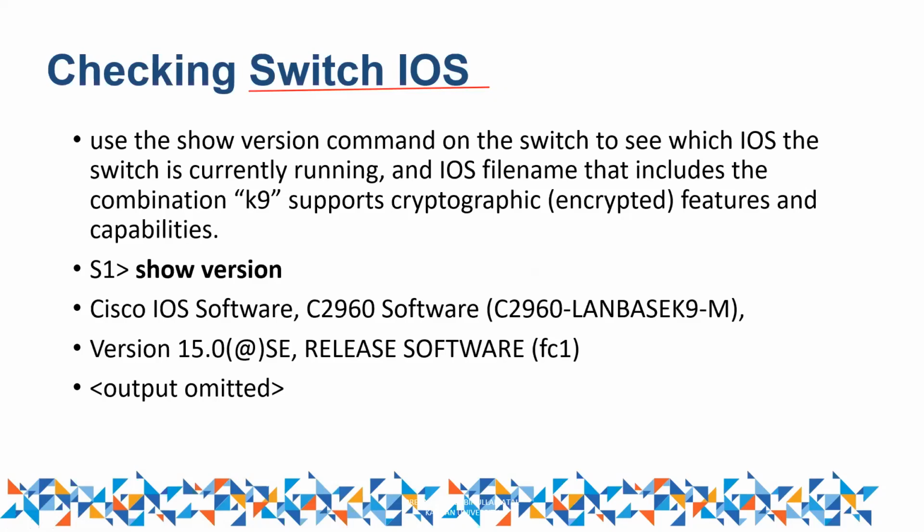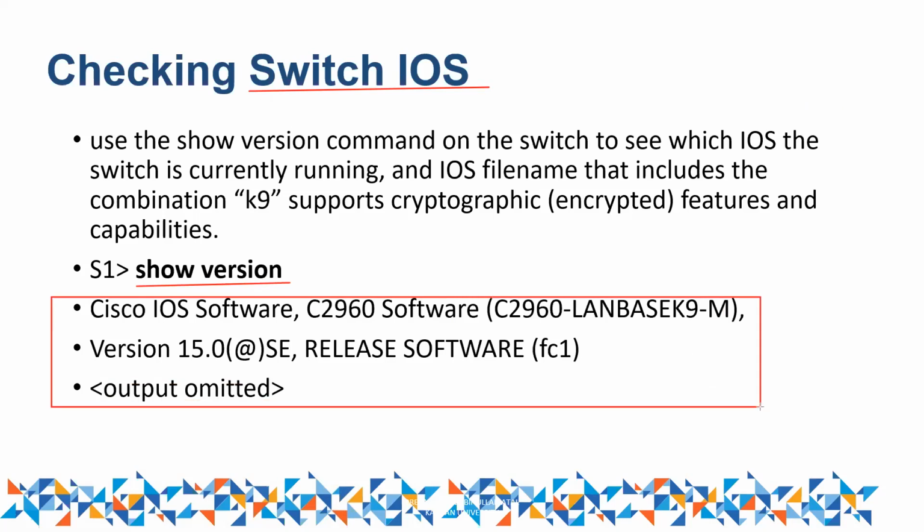So for that purpose, you have to run the command show version, okay? You have to run the command what? Show version. And the show version command will display details of your iOS information. See, these are the details of your switch operating system information, okay?